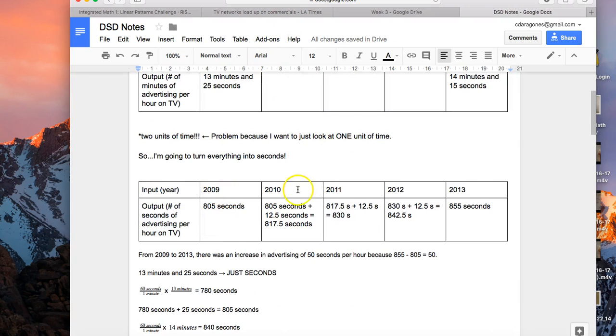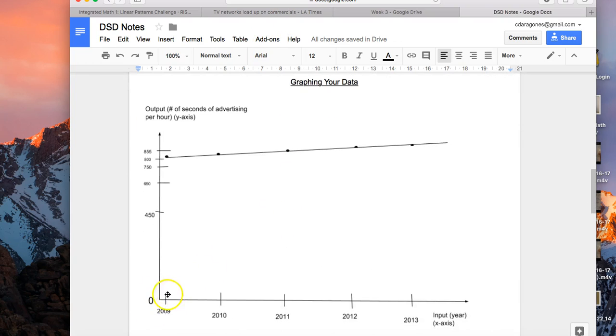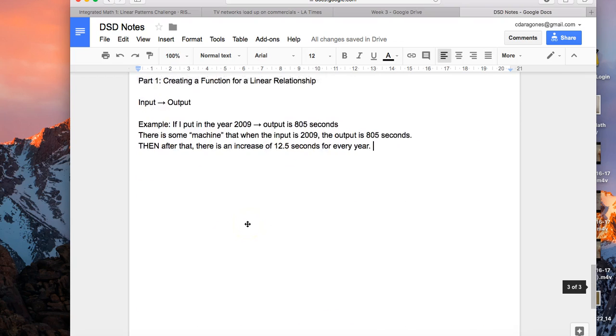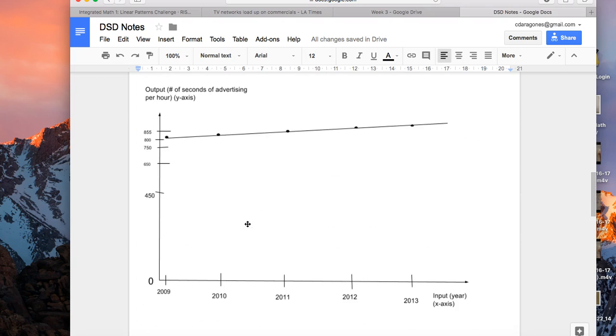Let's look at our graph. We start in the year 2009 with 800 seconds. And then for every year we go up, we have an increase of 12.5 seconds. So for every 1 year, I go up 12.5 seconds. Okay, so there's some pattern, and we can express this pattern with a function.